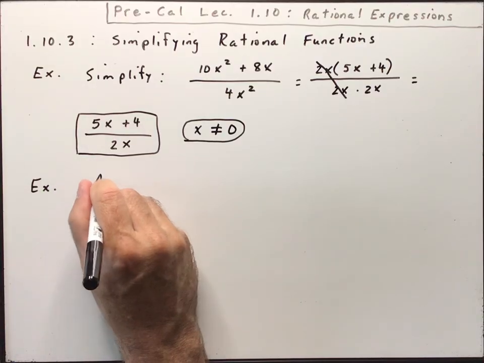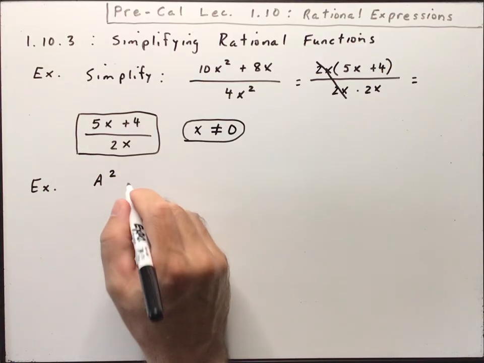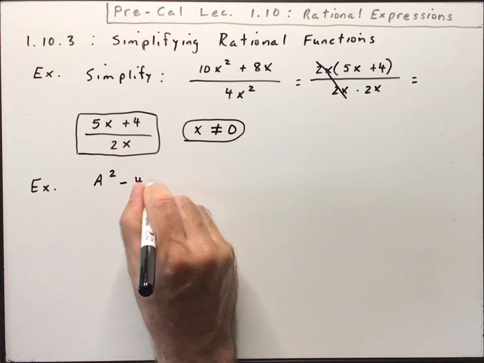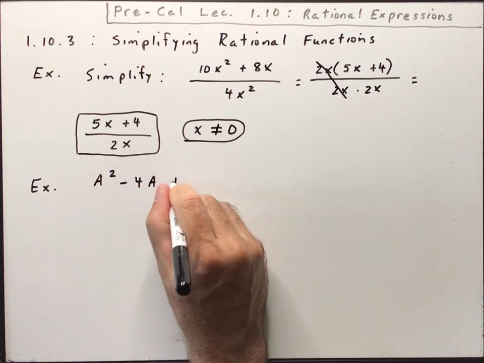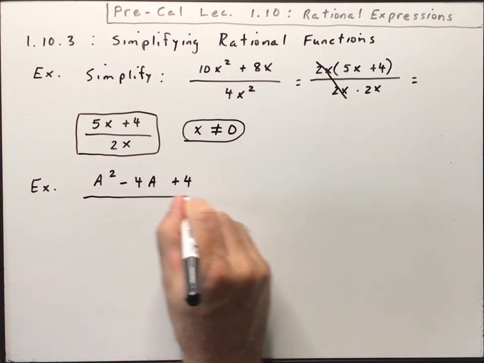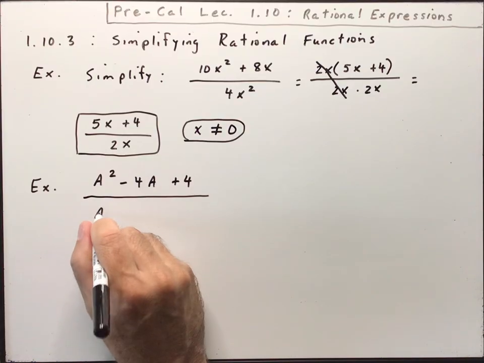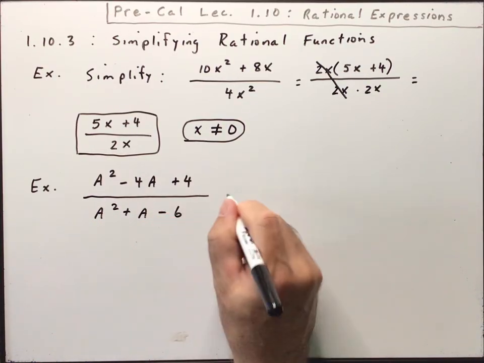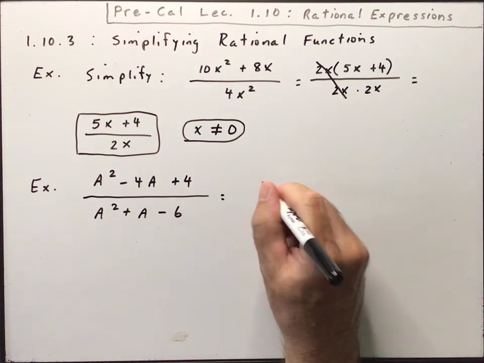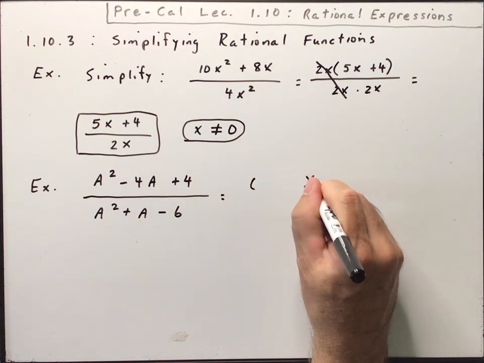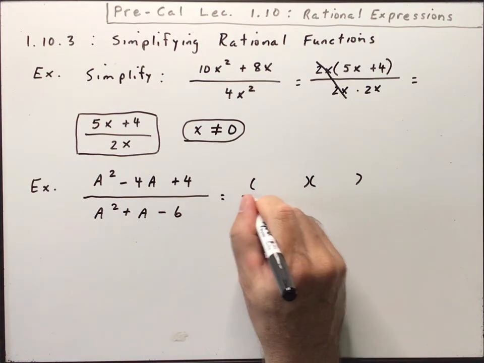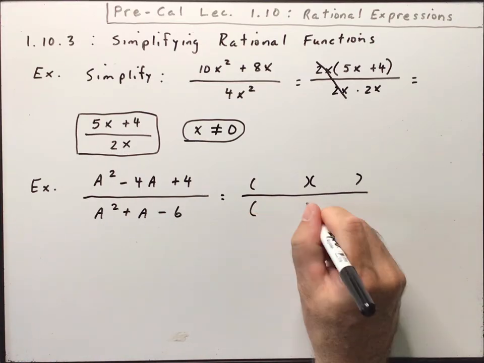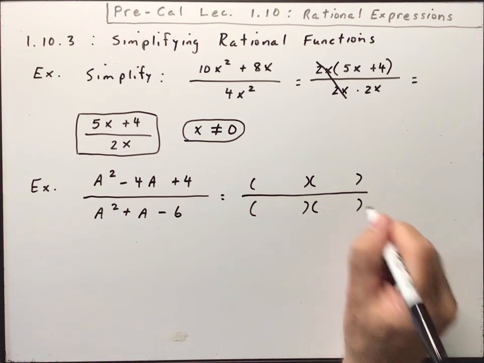We have a squared minus 4a plus 4 over a squared plus a minus 6. So we're going to simplify this. Well, how about we factor that? So it's good factoring practice, but we need to do that to see if we can cancel anything out.